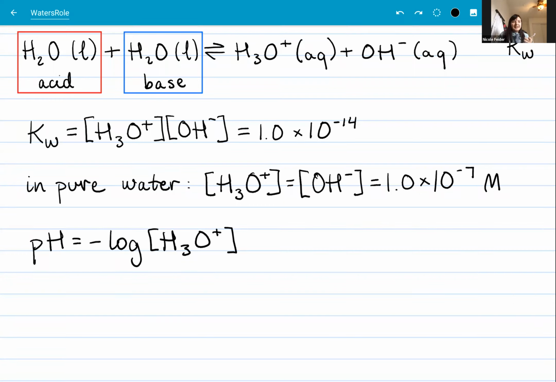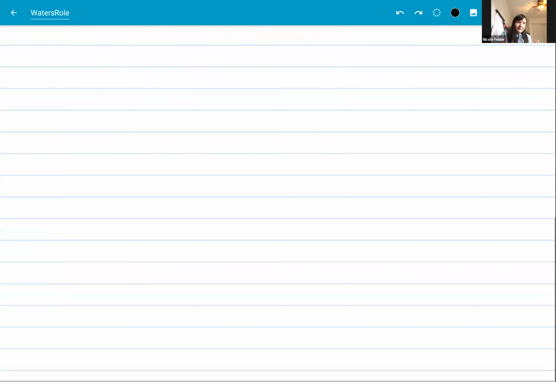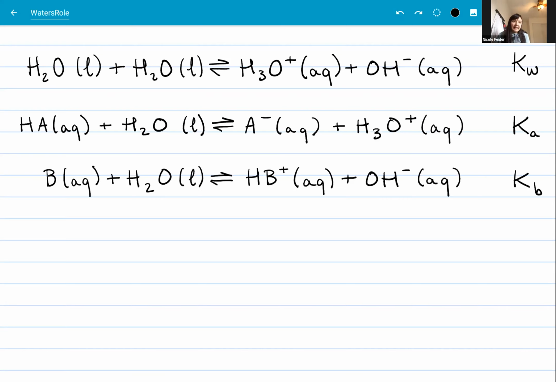So that's not all there is to know about water and Kw though. Looking back on the autoionization equilibrium, we can see that this is actually a valuable tool for understanding the relationship between acids and bases. For instance, let's also look at the generalized acid and base equilibria again. But let's pretend here that A- and B are the same substance.